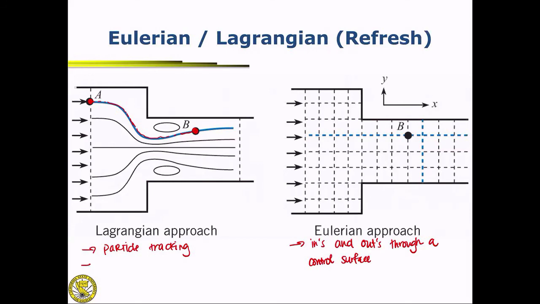This is more of a systemic perspective. It's talking about if you were to be stationary, okay, how much is passing through that particular location, and of course how much is leaving. Okay, so that's more of the Eulerian perspective.